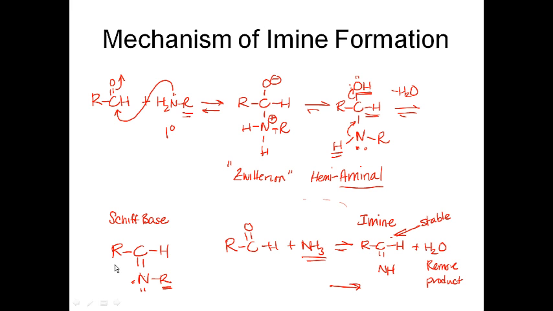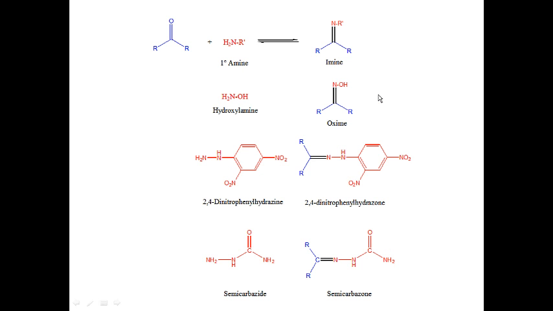But here's the mechanism of forming the imine or the Schiff base. So it's addition followed by elimination. So going back a slide here, there are a lot of commonly prepared imines or Schiff bases.